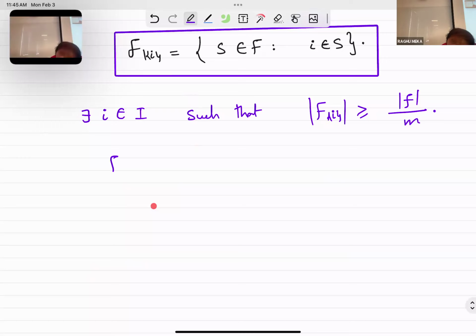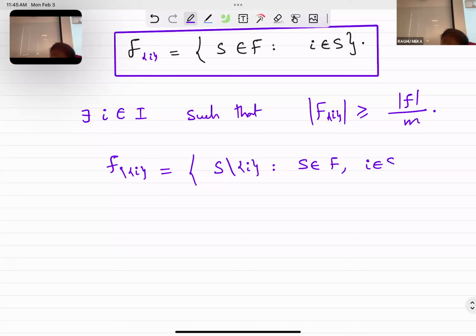And there's this notion of a link I can define. So I'll write it like this: it is S/I, where I take all sets which contain the element I and take out I. What can I say about this size?